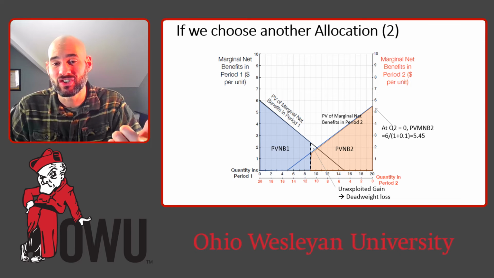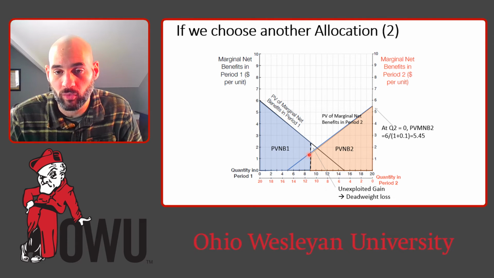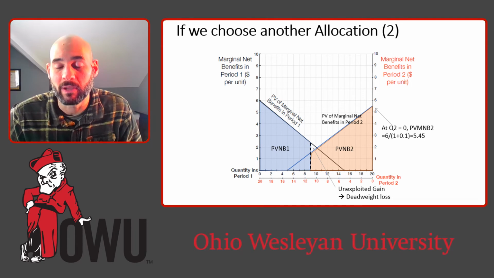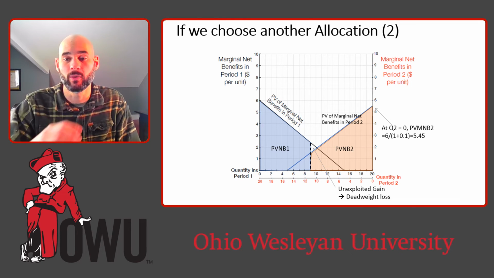Similarly, if we underconsume in period 1, then we're going to have the same problem. We're going to have deadweight loss from underconsumption in period 1, overconsumption in period 2. We would be made better off by trading some of that consumption from period 2 to period 1.